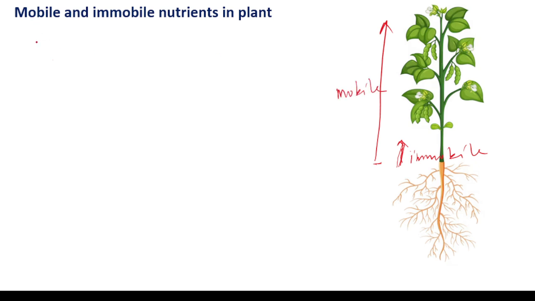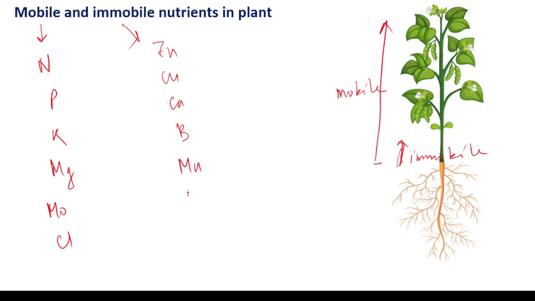In the case of the plant, the mobile elements are N, P, K, magnesium, then molybdenum and chlorine. These six are the mobile elements. All other essential elements are immobile, like zinc, copper, calcium, boron, manganese, nickel. All other elements are immobile. Clear?